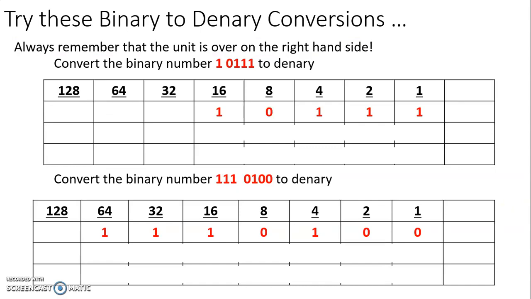Now, always remember that the unit is over on the right hand side, as said before. If I want to convert the binary number 10111 to denary, I simply fill in the first 5 bits here, so 10111.